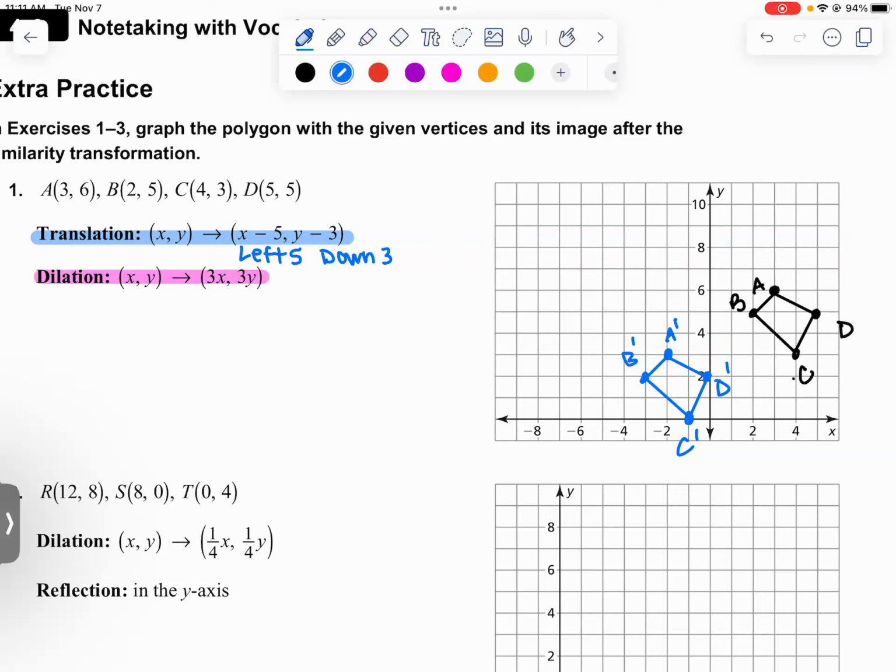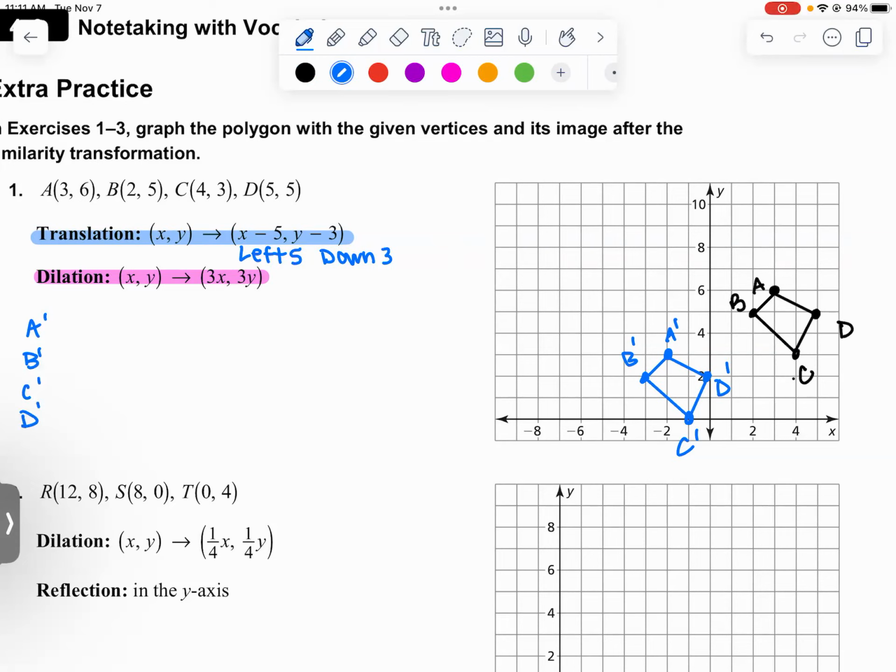So from the blue shape, we are going to perform the dilation of ×3. Now, a dilation is a lot easier to do if we actually know the coordinates. So we're going to need to think about the coordinates so that we can multiply them by 3, okay?